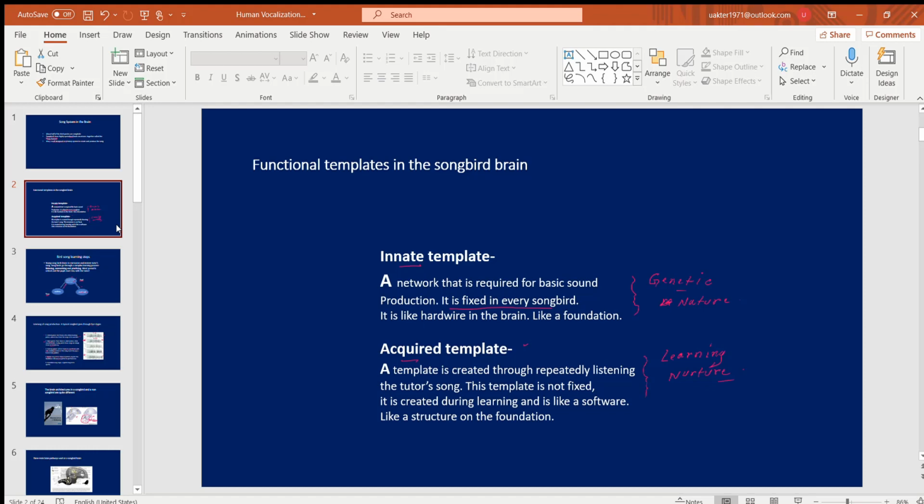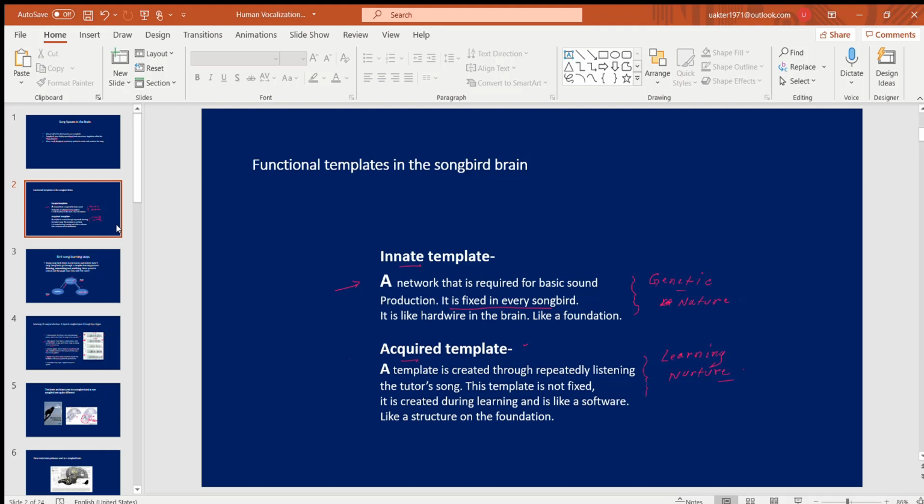How a fish swims in water, how a human walks, moves their hands and legs and body, all these are innate. By the movement of a tiger, even if you don't see which animal it is, if you only see the movement, the way it is walking or running, you can tell that this is a tiger. That is the innate template.